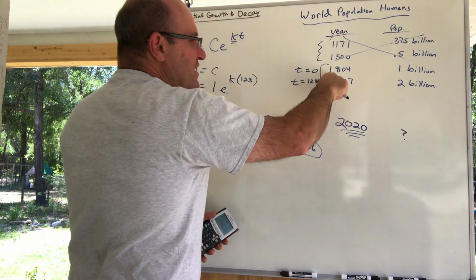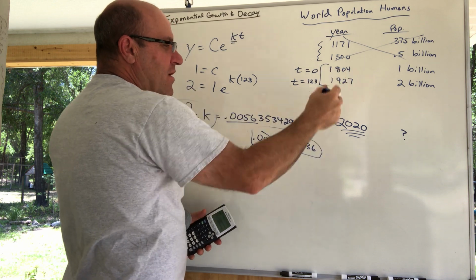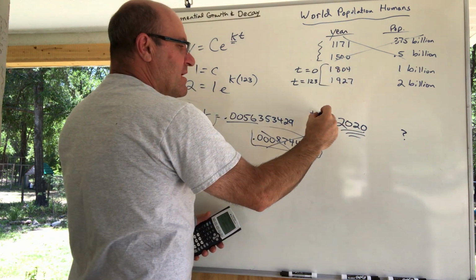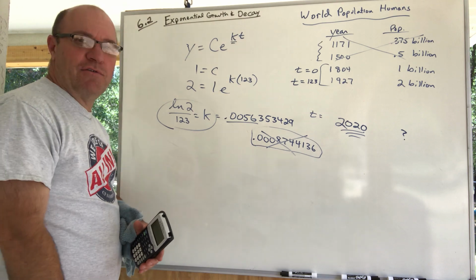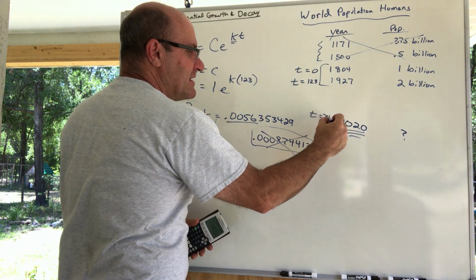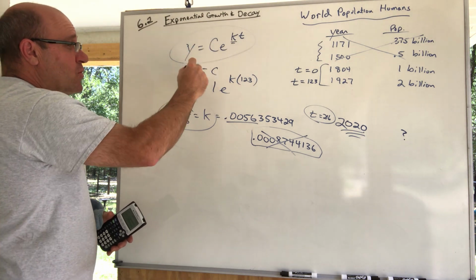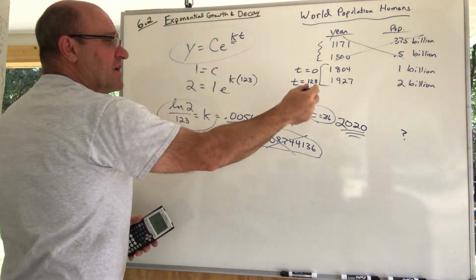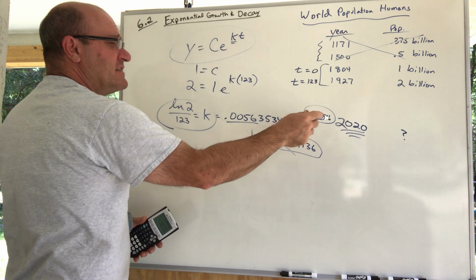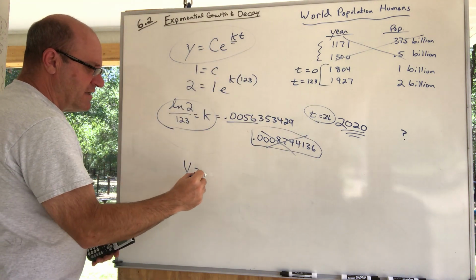Starting at t equals 0 in 1804, 2020 now becomes what year? 216, right? 216. So I go to my model. I got my C is a 1, my k is this, and I should plug in 216 to predict the future. Here we go. C is a 1.